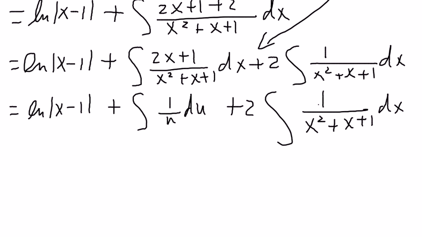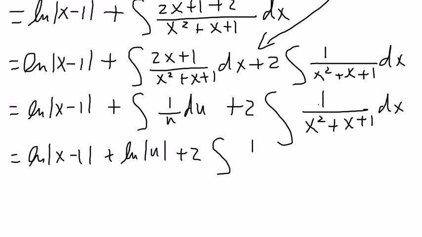So then you get the natural log again. Natural log of the absolute value of u plus 2 integral 1 over x squared plus x plus 1 dx.